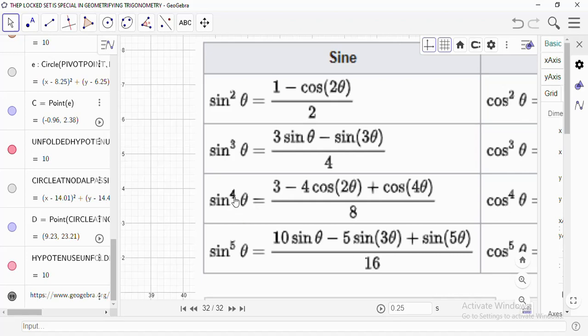So when 4 sin theta are multiplied, we get 4 to the power 4: 4 4s are 16, 16 4s are 64, 64 4s are 256. So for sin to the power 4 we can find 256 different output line segments, and all are valid.